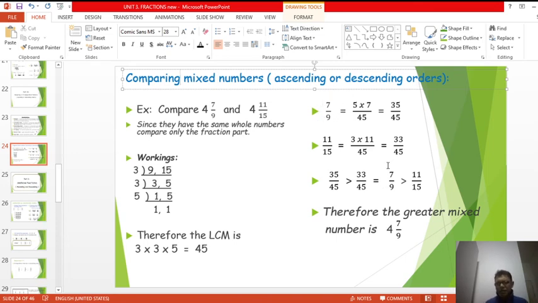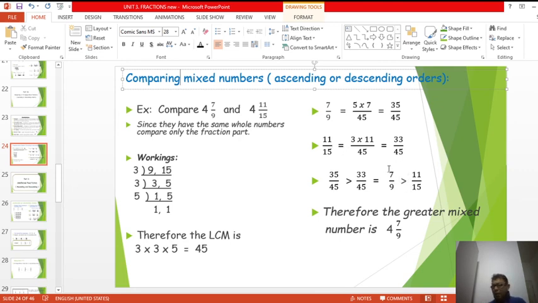Here I did not write the set because I don't want you to be confused. I'm just putting the original fractions, without the whole number. The equivalent fraction 35 over 45 is 7 over 9, and 33 over 45 is 11 over 15.